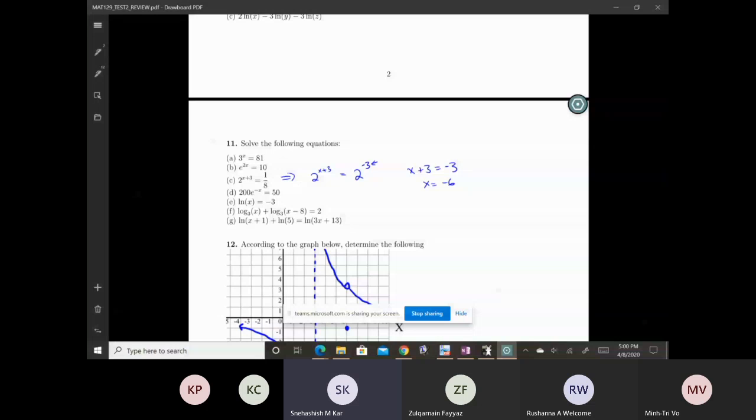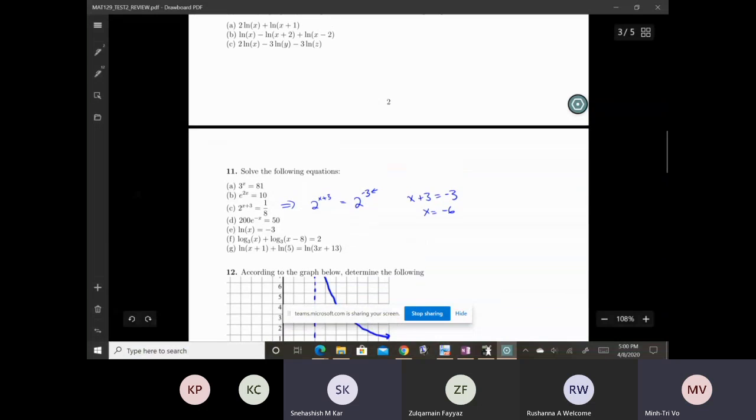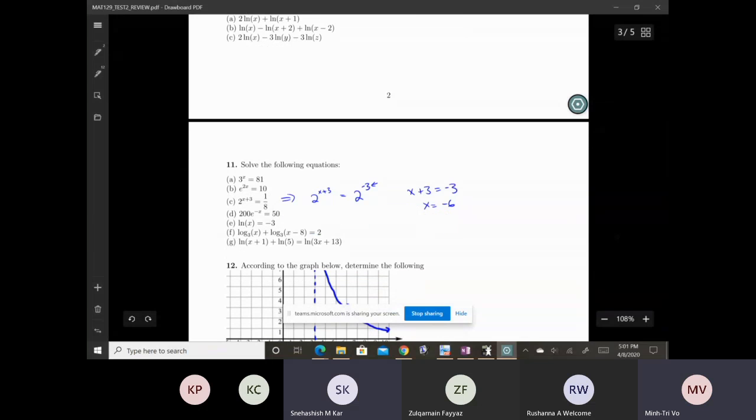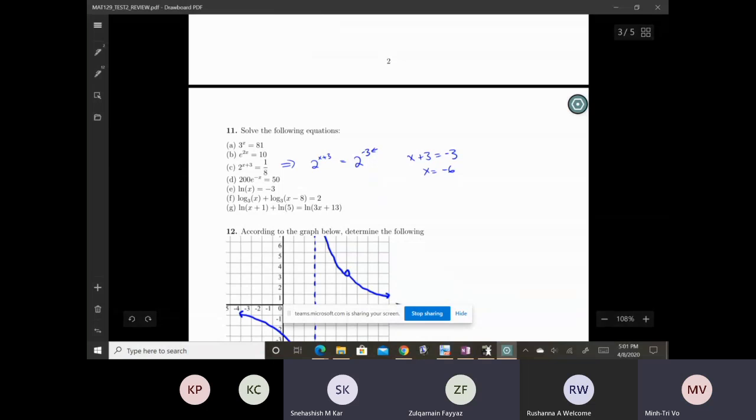Is it because it's x plus 3, and that's what she took to the power? No. What are we trying to do? We're trying to figure out powers for different bases, right? How did we do that the other day?